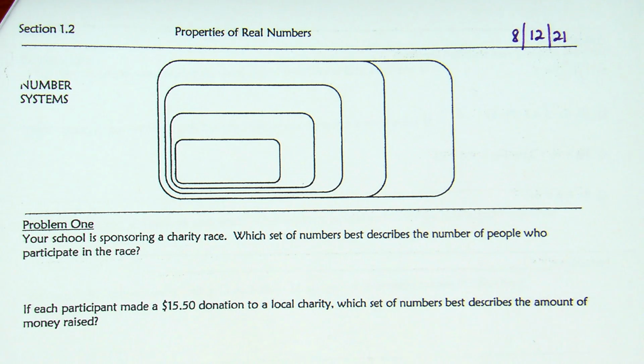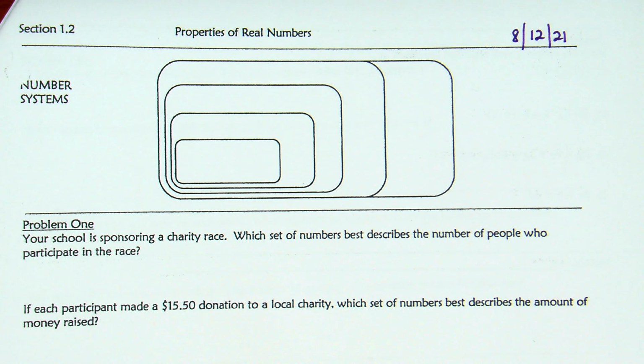Sort of. Okay, guys. Lesson 1.2 is properties of real numbers, and we're going to start by talking about number systems. For the last however many years of school, when you talk about numbers, all the numbers we talk about are what we call real numbers. Everything falls into the real number system.